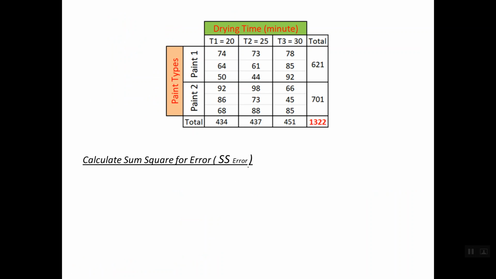So now simply we can calculate the sum of squares for the error, which is the SS for the error. Notice that the SS total is simply the SS for the first factor plus the SS for the second factor plus the SS for the interaction plus the SS for the error.